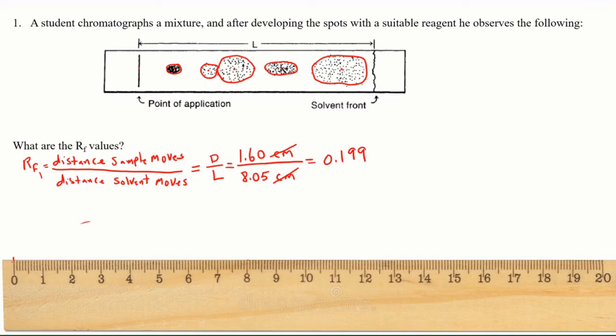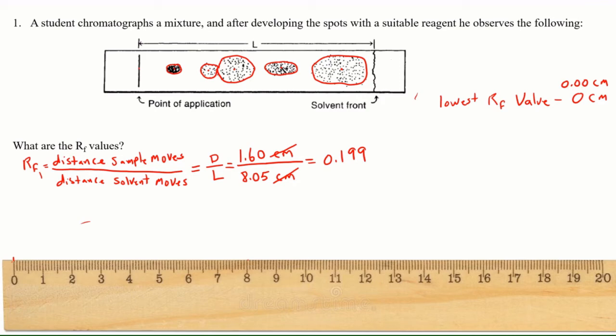The lowest RF value you could have is 0. So the lowest RF value is 0.00, because we should measure it.